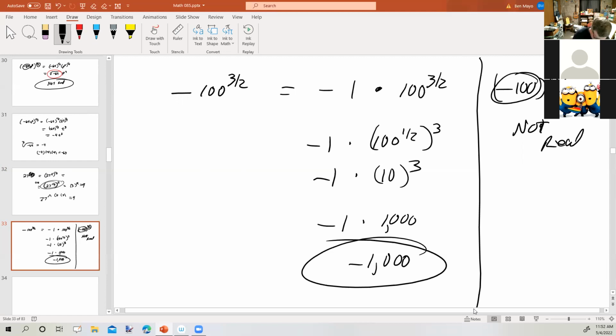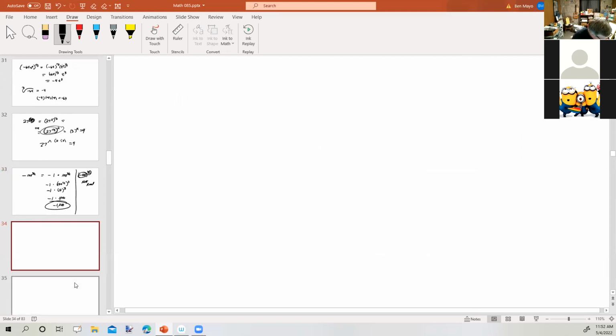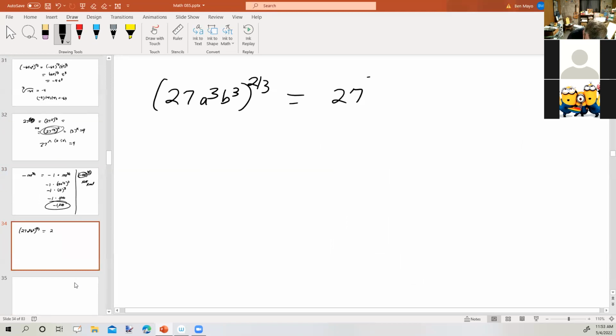How about this? It says, simplify each expression. All variables represent positive real numbers. So we don't have to worry about absolute value bars for this particular problem. So I have a product raised to an outside power. So I will attach that outside power to each factor inside.